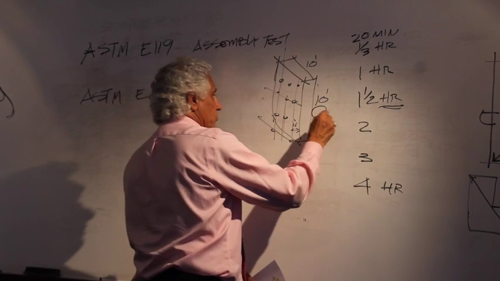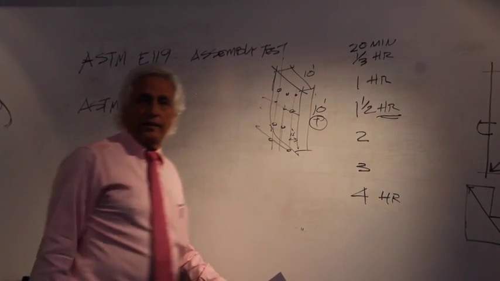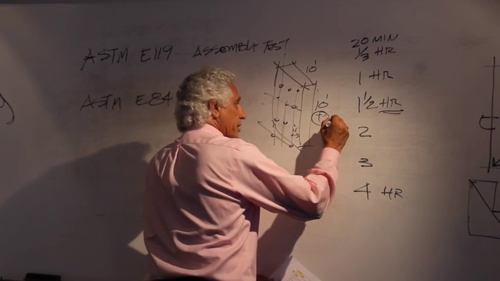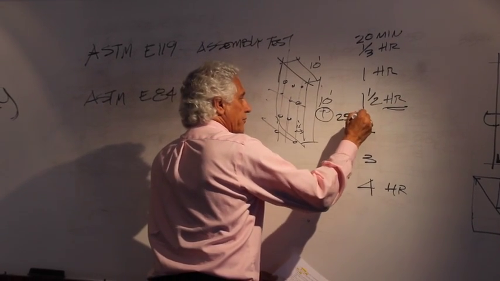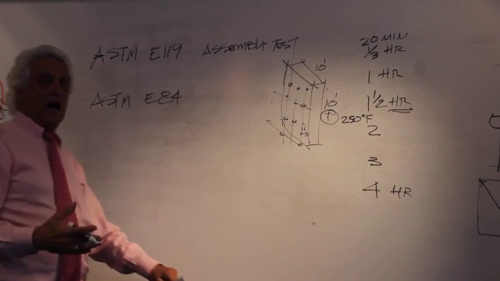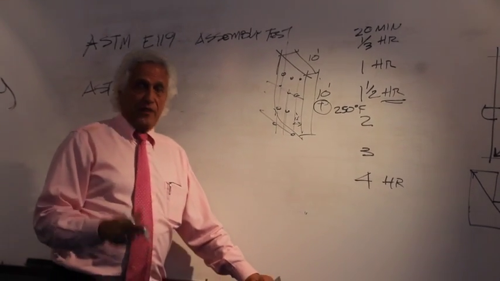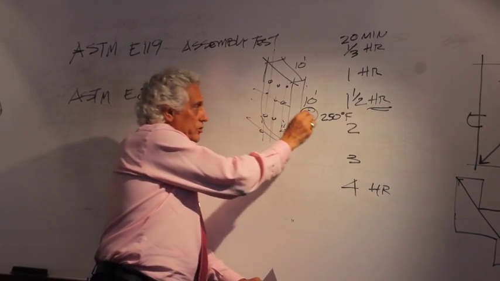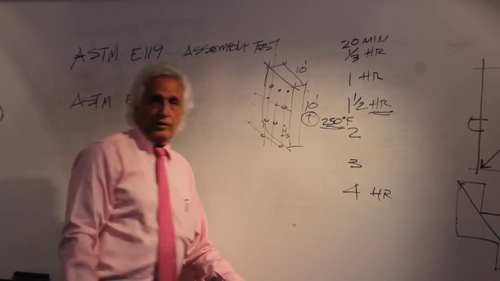And on the other side of the wall, they have a thermostat, and they measure the temperature. Once that temperature on the other side of the wall reaches 250 degrees Fahrenheit, the test is stopped and it is ended. And they measure the length of time from once they ignited the heads to the time it reached 250 degrees.